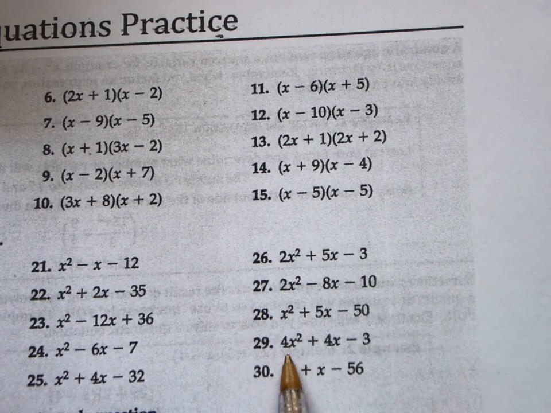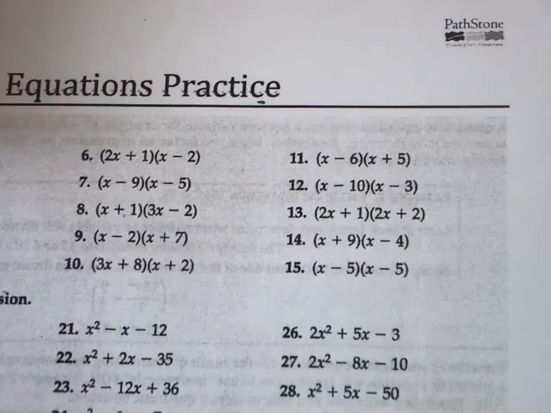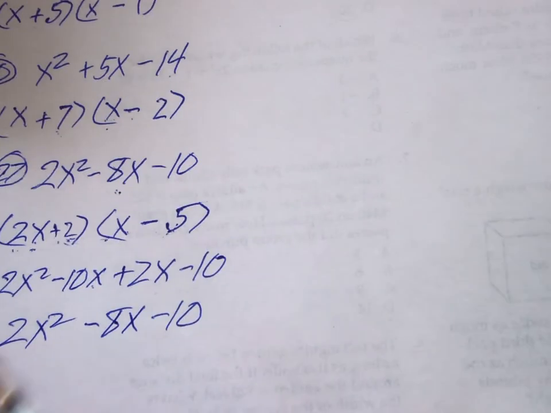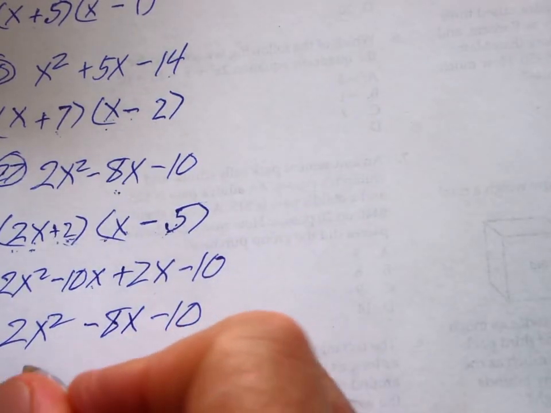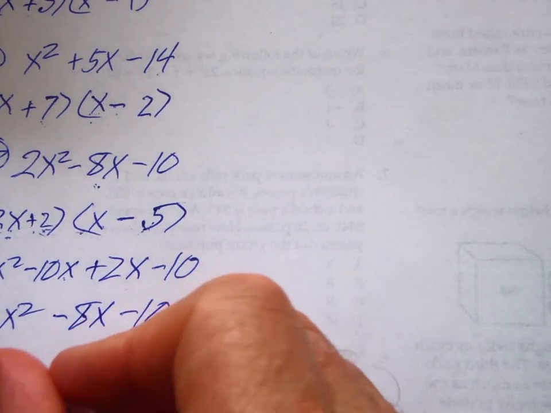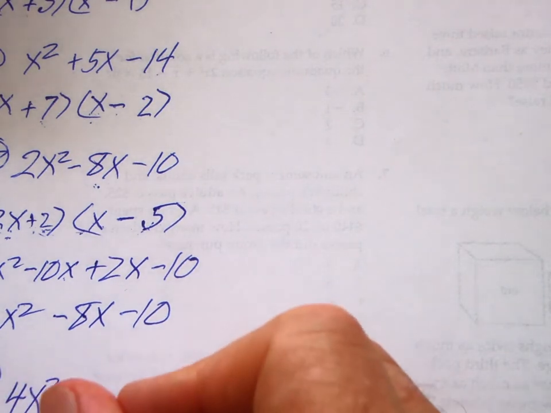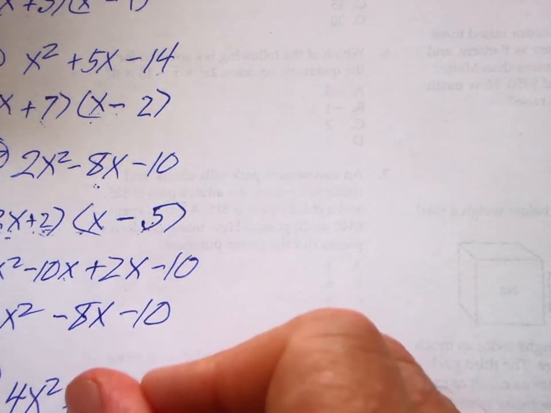Okay, now we're going to do number 29, because that's got a 4 this time. 4x squared plus 4x minus 3. 4x squared, again, you could be trying these on your own, plus 4x minus 3.